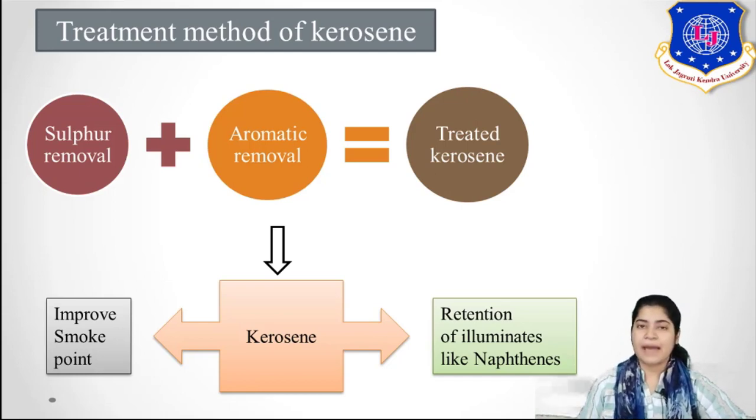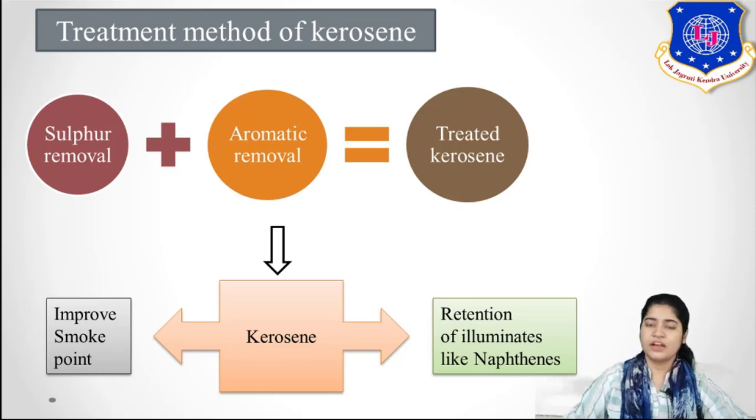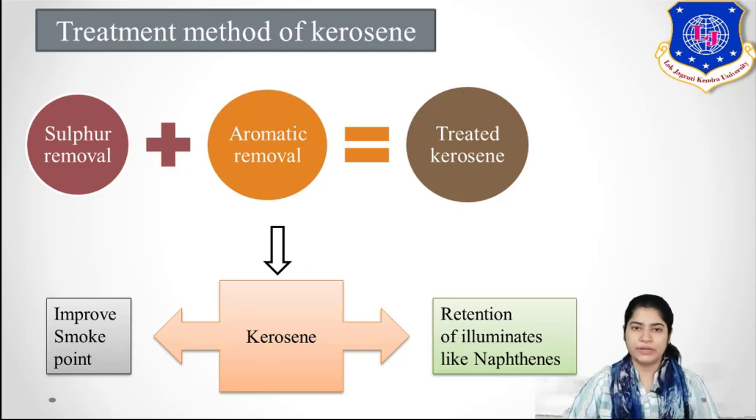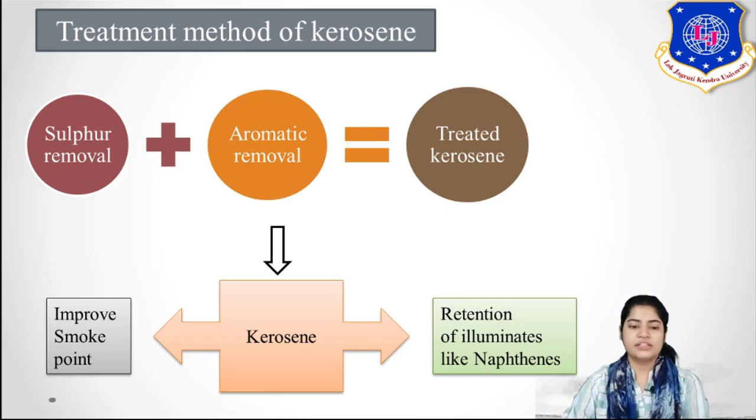Here naphthenes are the source which improve the illuminant characteristics. So when you are removing the aromatic content, you have to keep in mind that you also have to retain the naphthenes in it. So sulfur removal plus aromatic removal is the final treatment of your kerosene. Now we are focusing on the aromatic removal of kerosene in this topic.